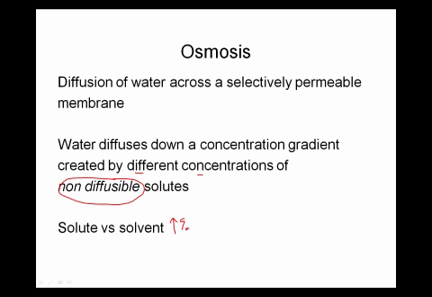The solute is usually a solid, and that is going to be there in the lowest concentration. So for example, if we had a solution of sugar water, the solvent would be the water, the solute would be sugar. Now let's look at osmosis.